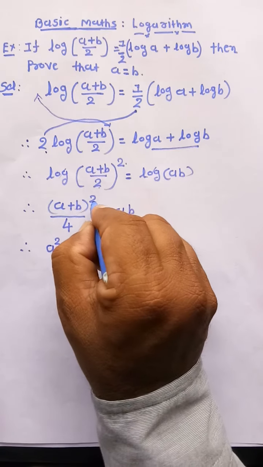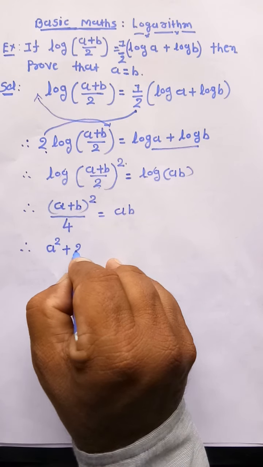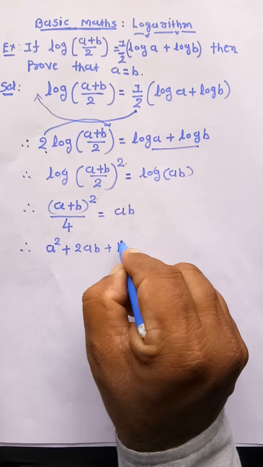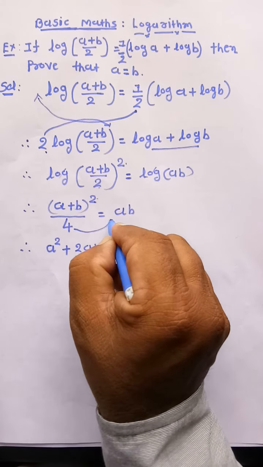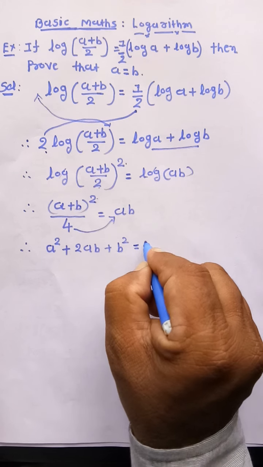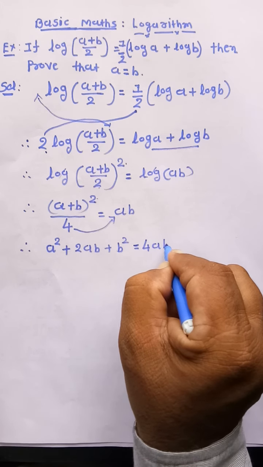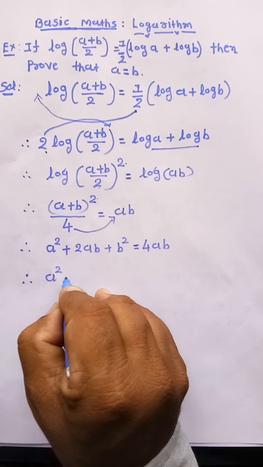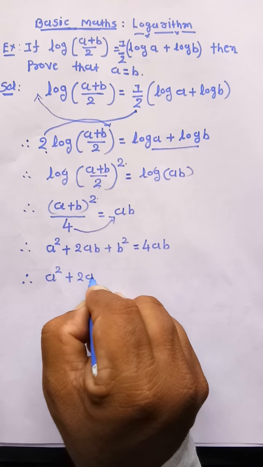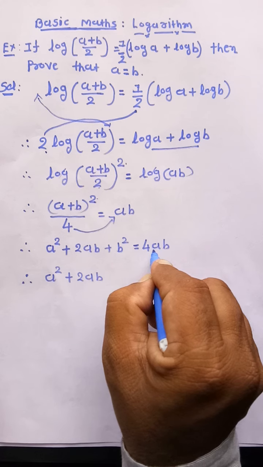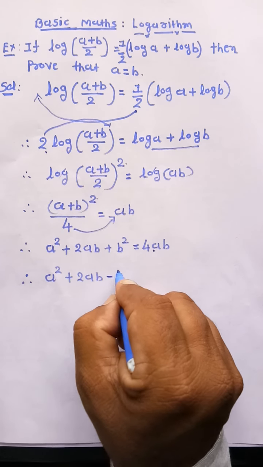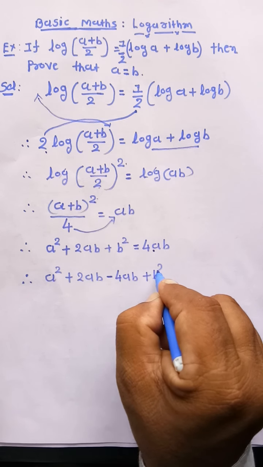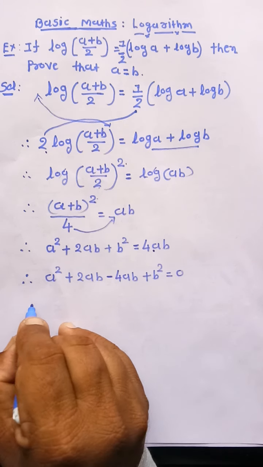plus 2ab plus b square. Now here 4 is divide and on the other side in multiplication, that is equal to 4ab. So a square plus 2ab, 4ab on the other side minus, 4ab plus b square is equal to 0.